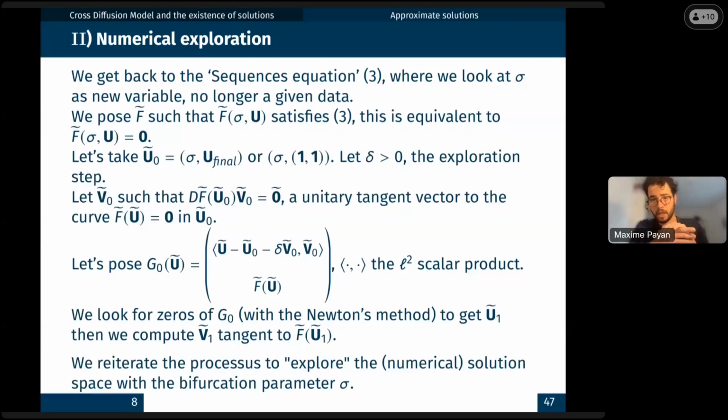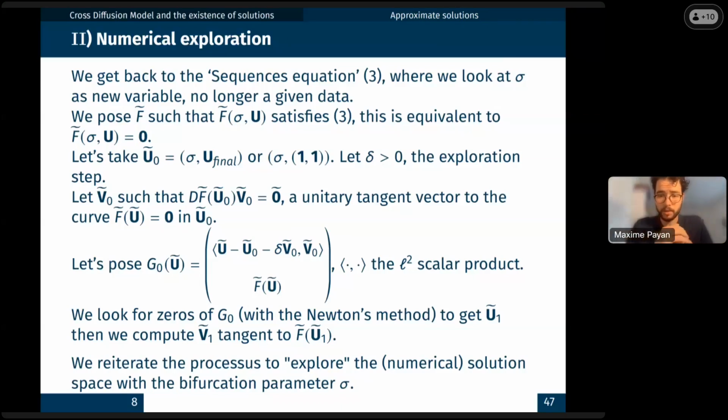And we are looking at sigma as a new variable, no longer a given data. And we pose f tilde such that f tilde sigma of capital U satisfies exactly the same equality. And then we denote tilde capital U index 0, just the capital U with the new variable.